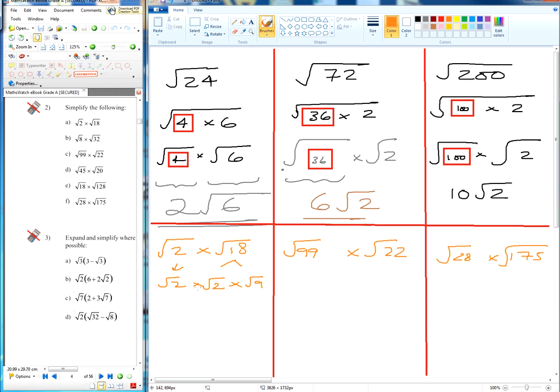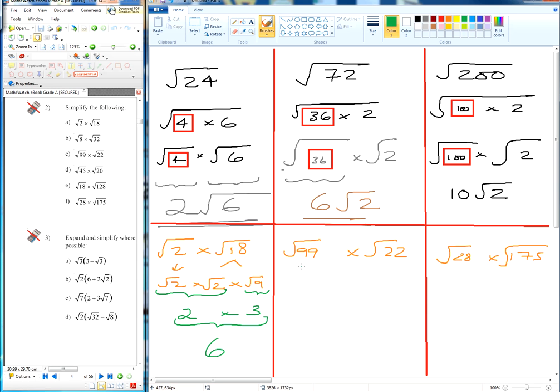I'll put the root 2 and the root 2 next to each other on purpose, because any root times itself will give you the number inside it. Root 2 times root 2 is root 4, and root 4 is just 2. Now, what is root 9? Remember, root 9 is a square number. It gives 3. So 2 times 3 is 6.